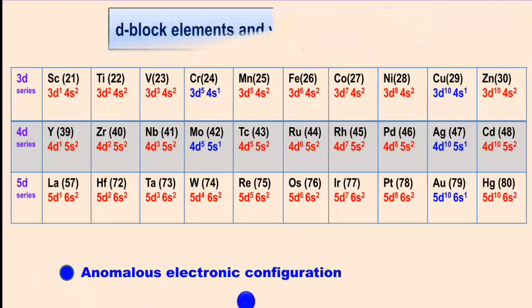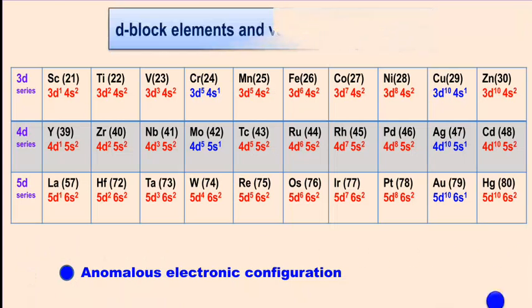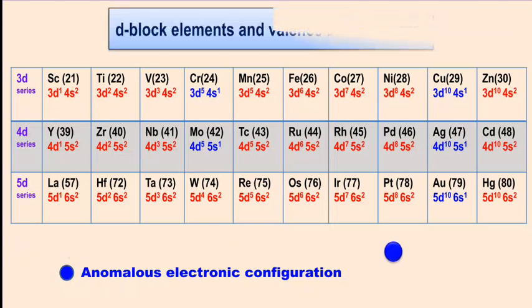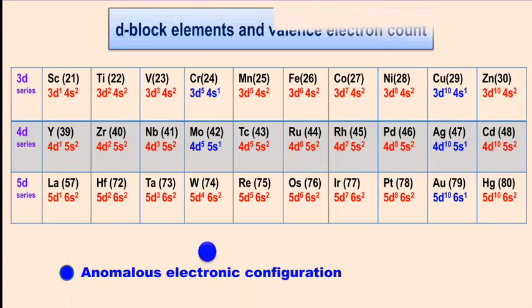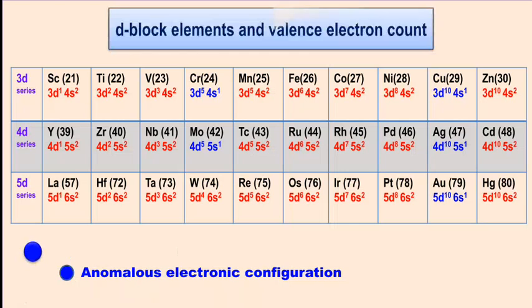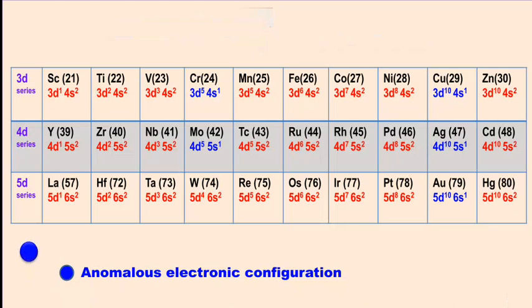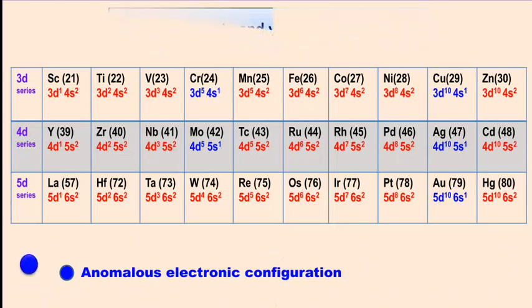But while solving problems, or if you see the question paper and examination pattern, most of the time they ask questions related to the bonding of complexes of 3d series elements, and you should know the valence electron configuration of a particular element in the series.